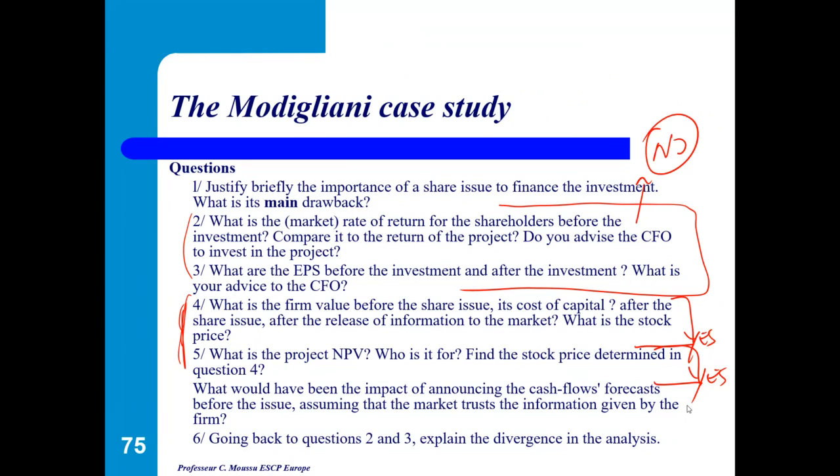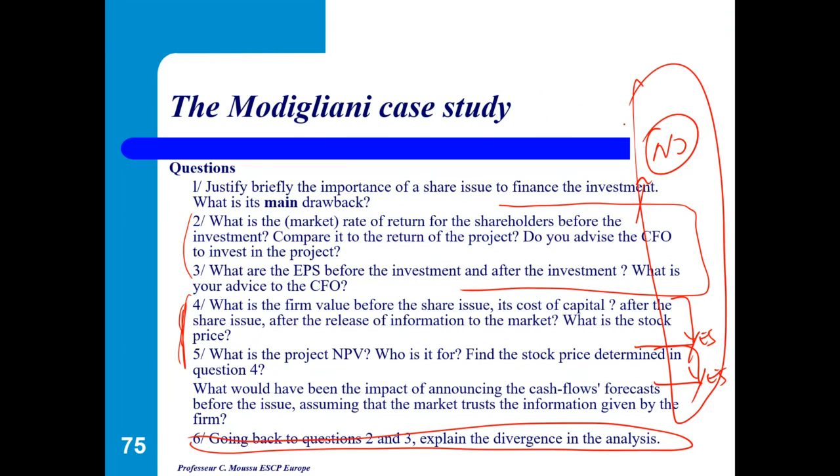The idea is that at some point we have to reconcile and understand why, when we were using some reasoning, we would tend to say we would not invest, and then, really looking at correct value creation with correct analysis, you would like to invest.